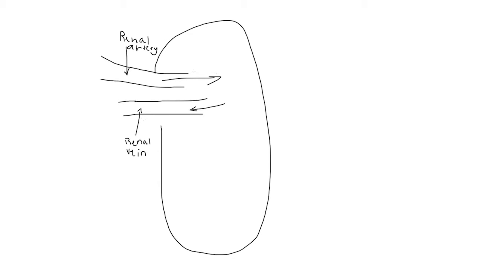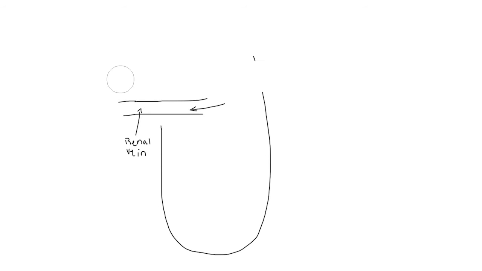Okay, so how does the kidney actually do this? Well, let's talk about how the kidney does this in a little bit more detail. Well, the kidney is, it's not a great drawing, but yeah. It has little units in it called nephrons.